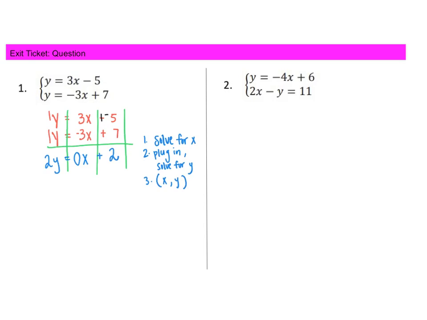For number 2, I'm going to change this up and rewrite it so that it follows the same format really quickly. So this first one is going to be 4x plus 1y equals 6. Then we have 2x plus negative 1y equals 11. So again here, you do not have to manipulate it at all. I just want you to add it up.